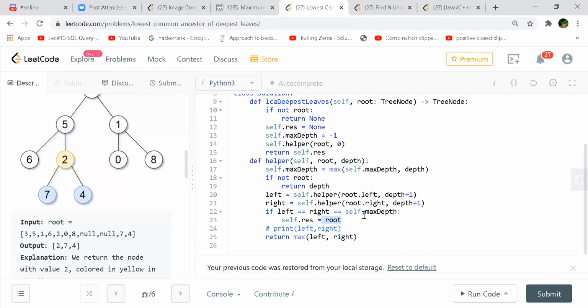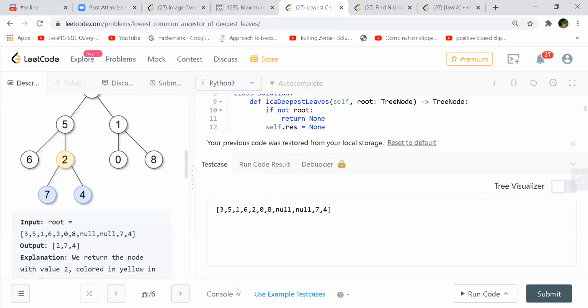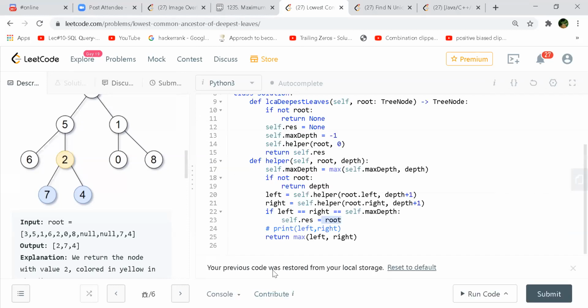If we did not have 4 in this case, your left and right values are not the same. They are also not equal to self max. So then how are you going to return that? You'll return the max of left and right. So you'll return 4 in that case. But then how are you?